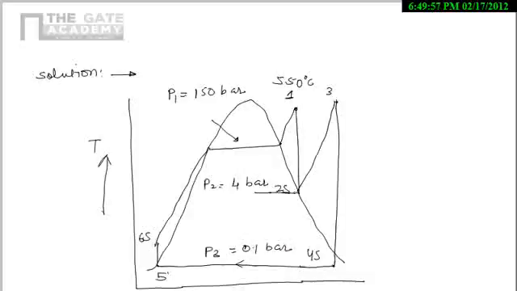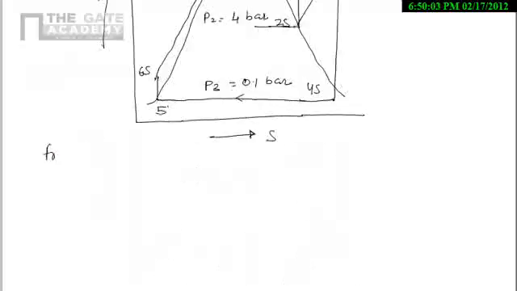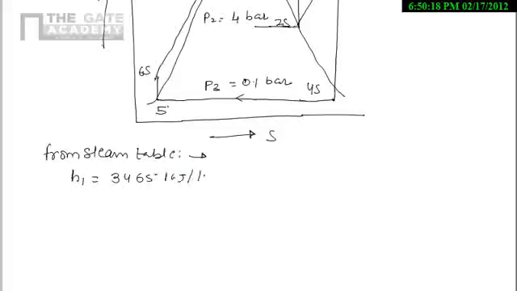Now from steam table I am just taking the values at the various steps. So now from steam table I am having the value of H1, that is 3465 kilojoule per kg.